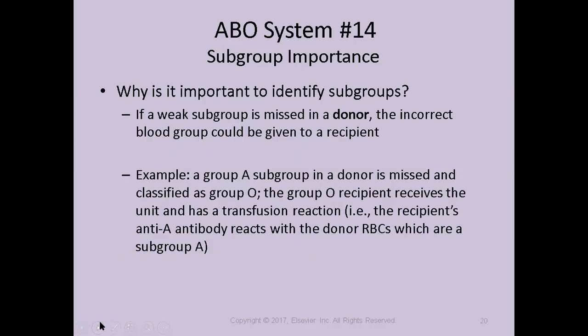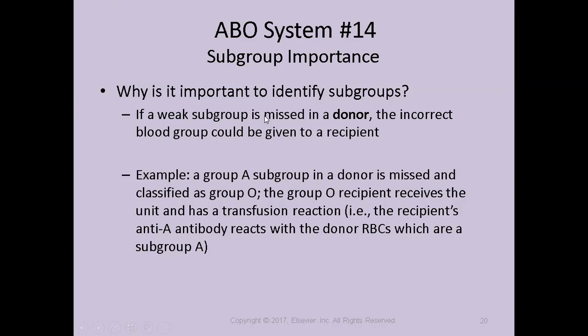So let's talk about why it may be important to identify when someone has one of these rare subgroups. Why is it important? If a weak subgroup is missed, let's say somebody is one of those rare A subgroups like AX, AINT, or what have you. If we miss it in a donor, okay, remember donor red cells are going to be transfused into a recipient, okay?